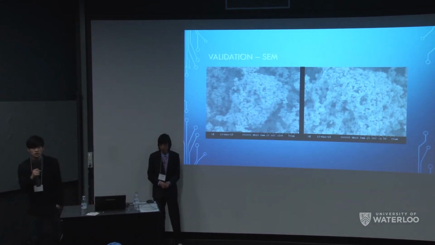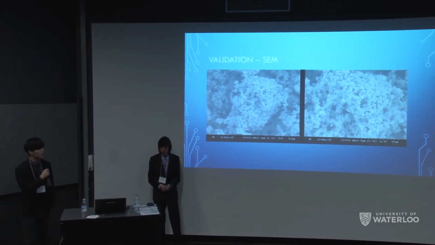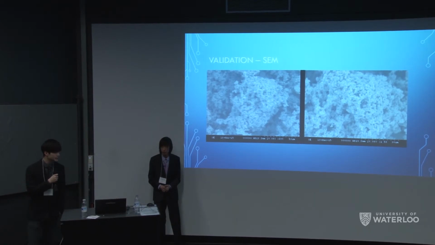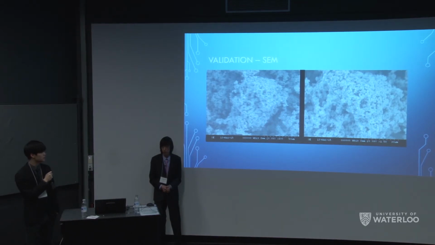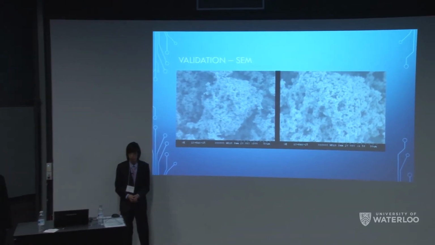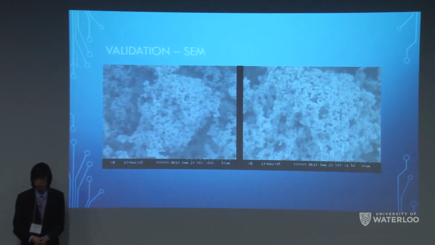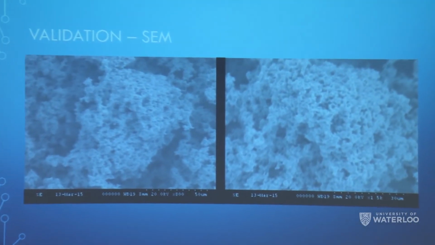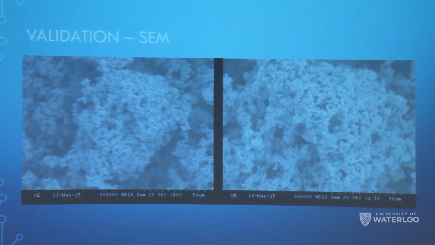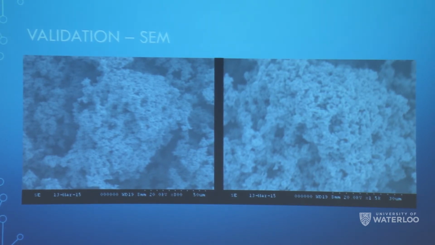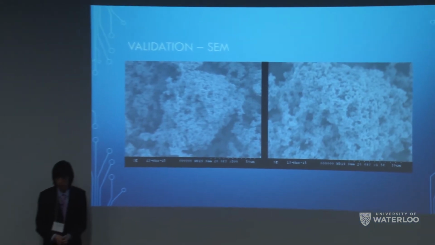We also conducted further validation by running a chunk of our sample under the SEM. The two images are the same, just at different magnification. The one on the left is 800 times, and the one on the right is about 1500 times. What we noticed was that the silver particles did aggregate. You see a big chunk here, and we wanted to check the heat profile of the sintered powder.